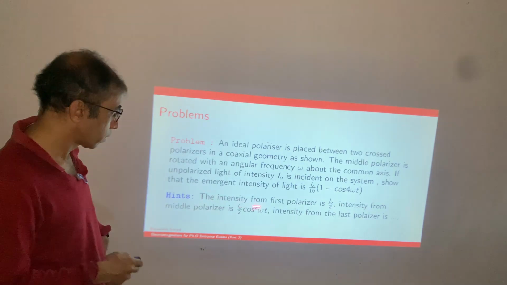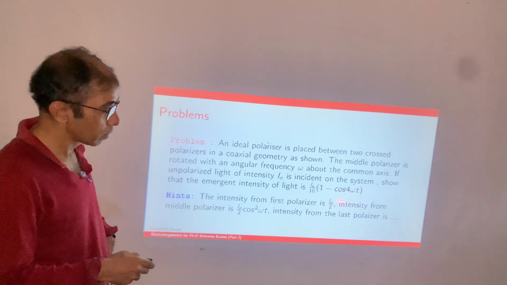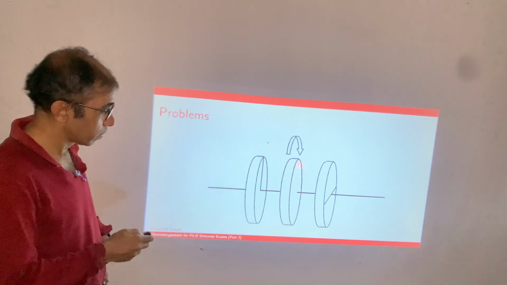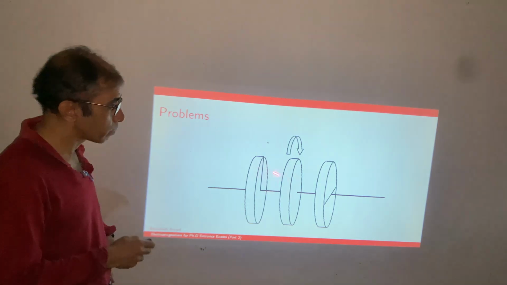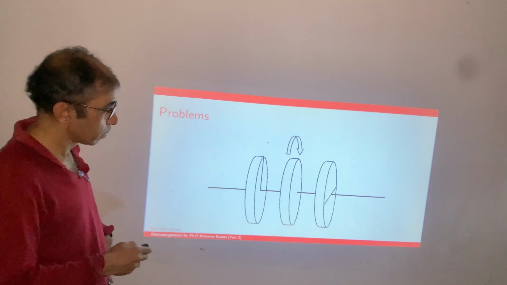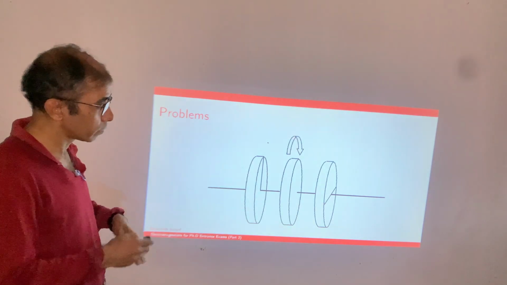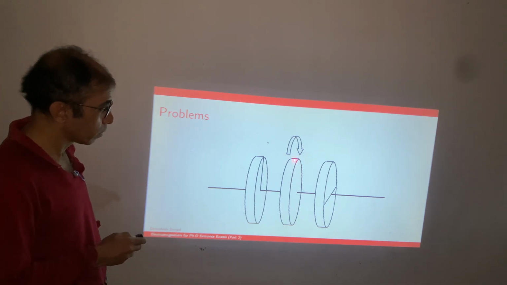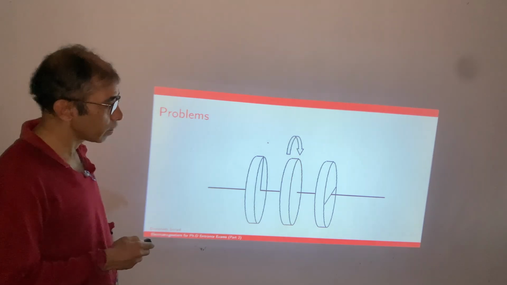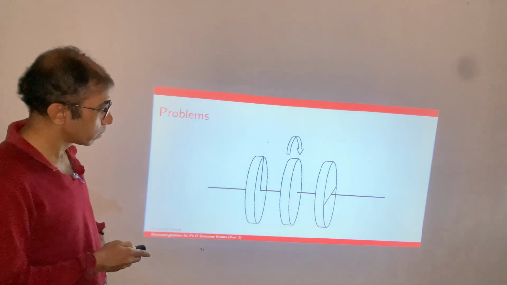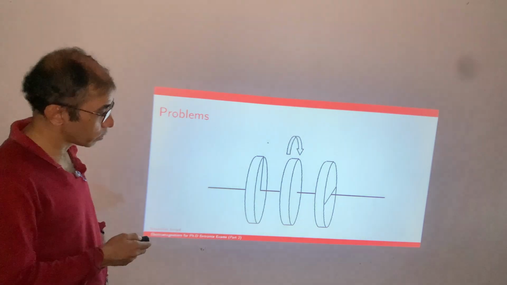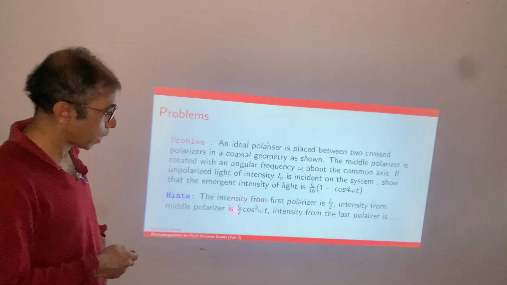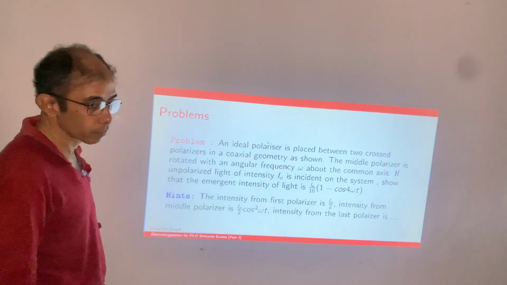Then for the second one, it makes an angle of omega t. Say at t equal to 0 it was aligned like this, so after time t it has rotated by omega t. So the intensity that comes out of this polarizer is I0 by 2 cos square omega t.